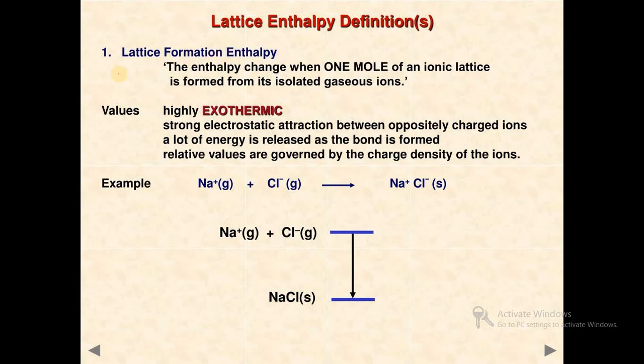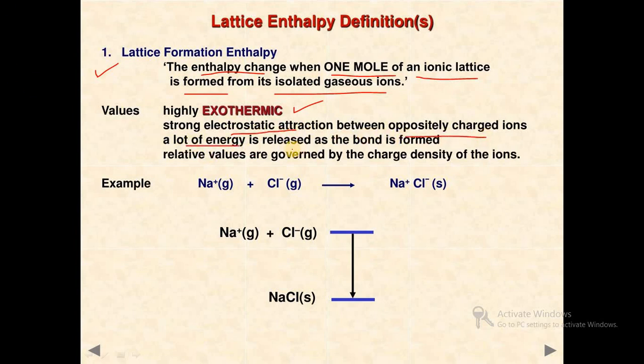So lattice formation enthalpy is the enthalpy change when 1 mole of an ionic lattice is formed from its isolated gaseous ions. Lattice energy is highly exothermic because of the strong electrostatic attraction between oppositely charged ions.